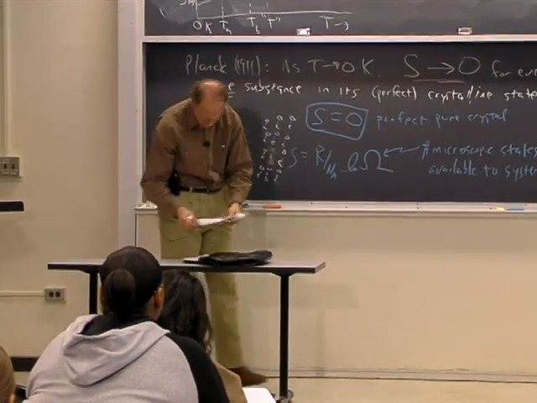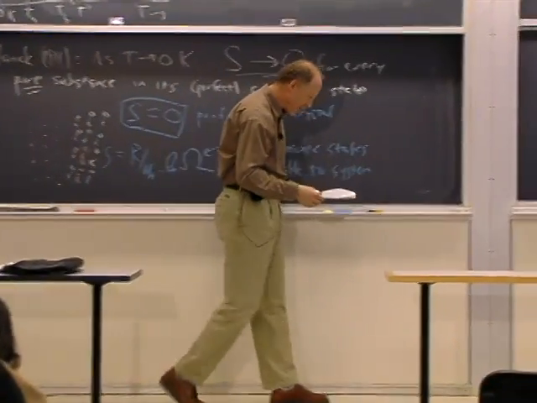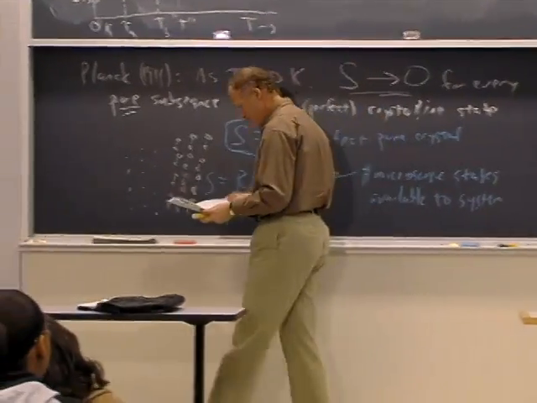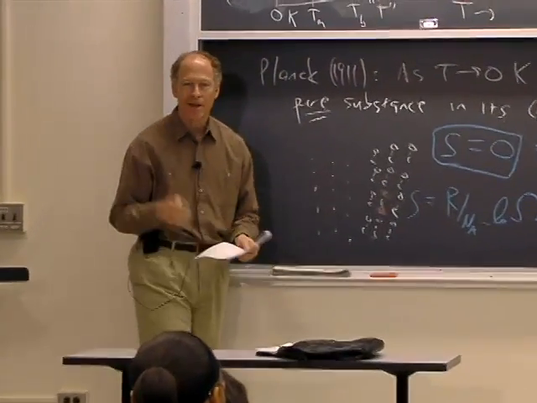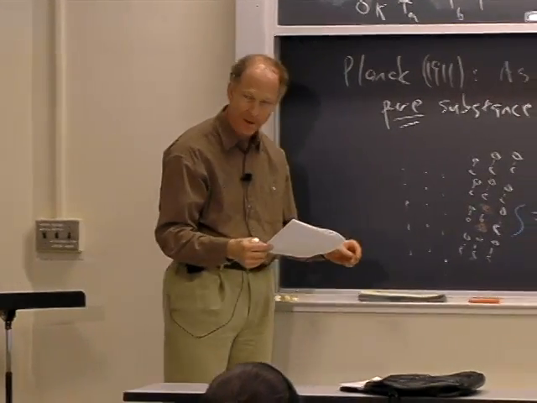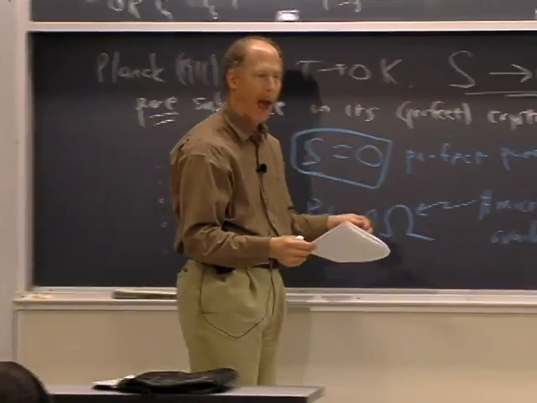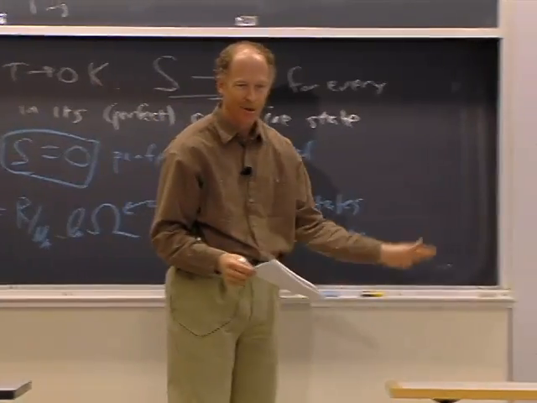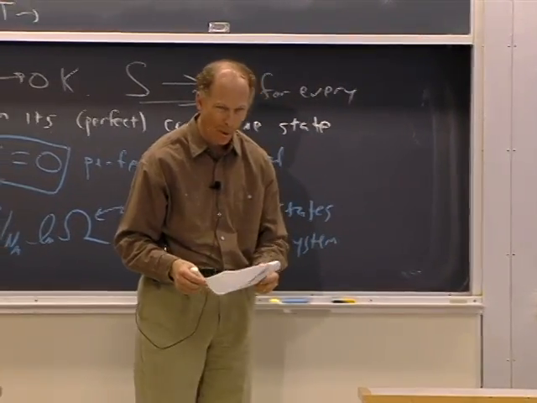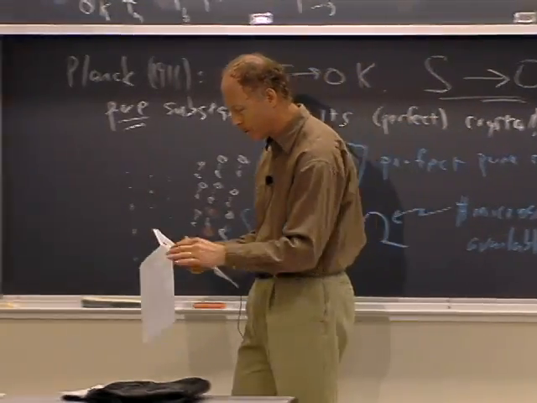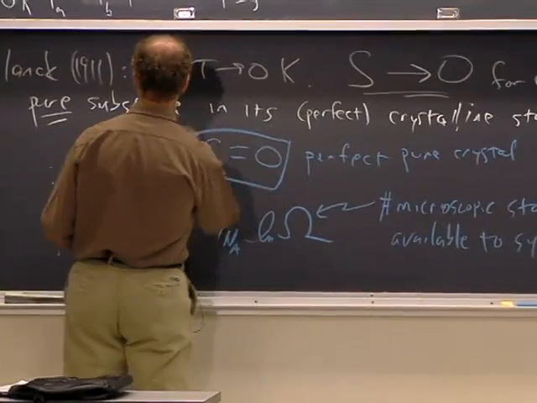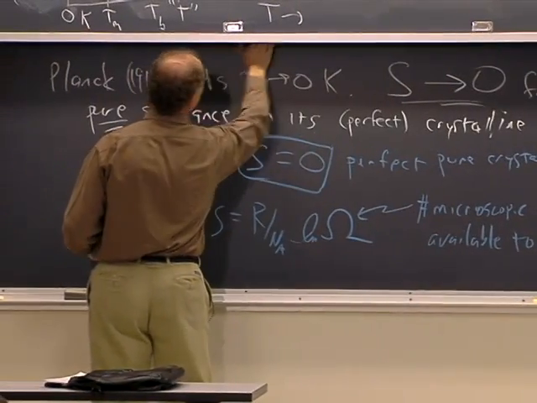Very important. Now, one of the corollaries to this law is that it's impossible to reduce the temperature of any substance, any system, all the way to absolute, exact, no approximations, 0 Kelvin. You actually can't quite get down to 0 Kelvin. Okay? And there are various ways that you can see that this must be the case.